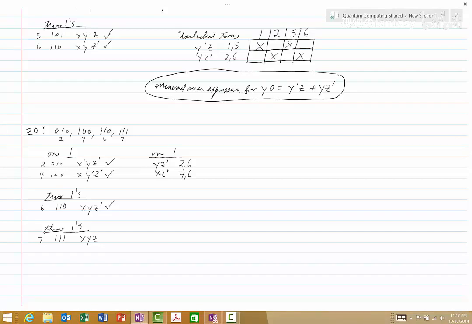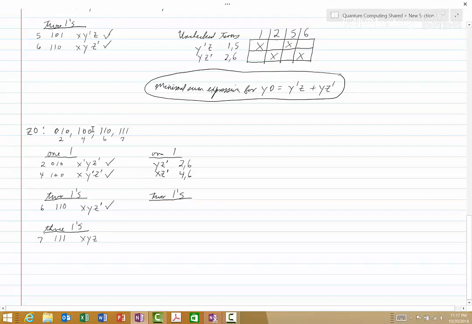We don't check for group 1 terms combining with group 3 terms, only with group 2 terms. So 2 and 4, both of those terms combine with 6, and now we look for 6 combining with 7. So our next grouping here will be 2 1s.